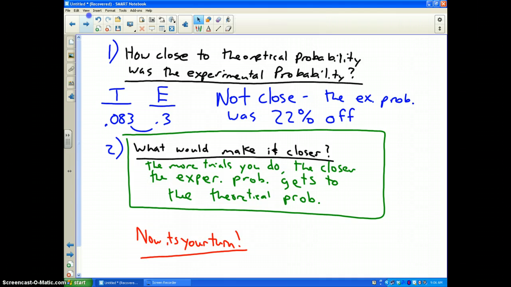The whole key in life, people, is the more trials you do, the closer these two probabilities should get.